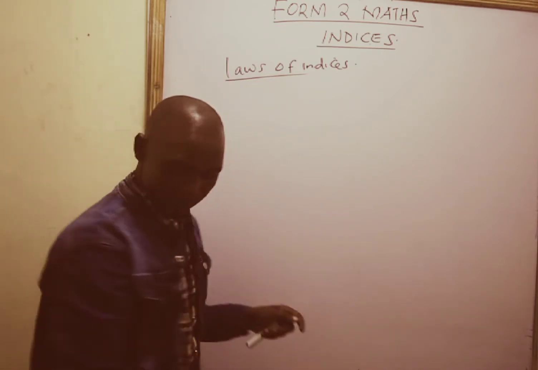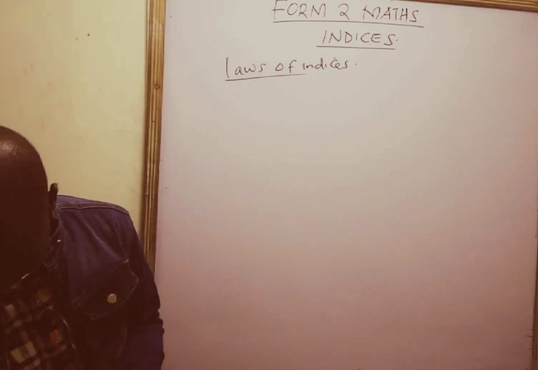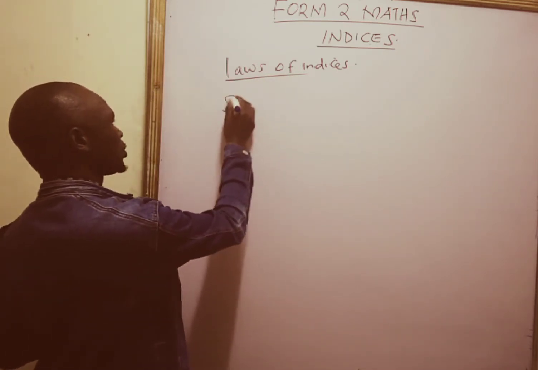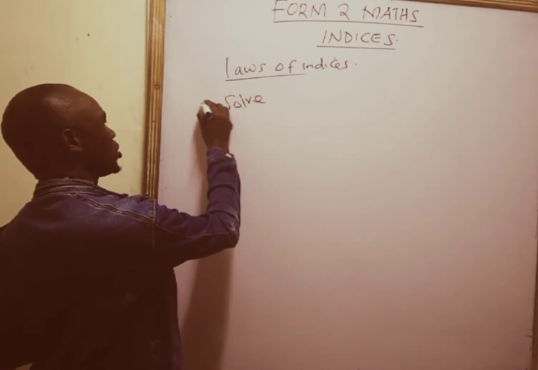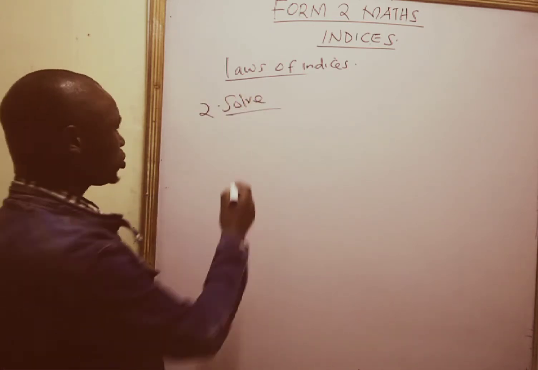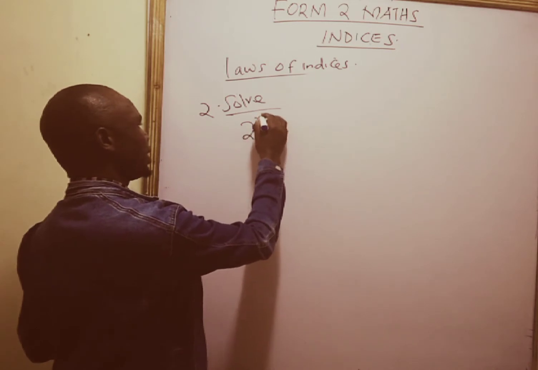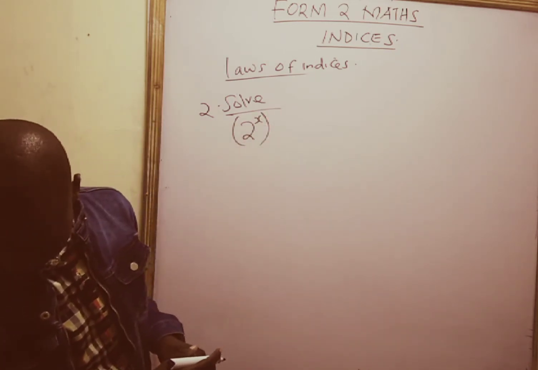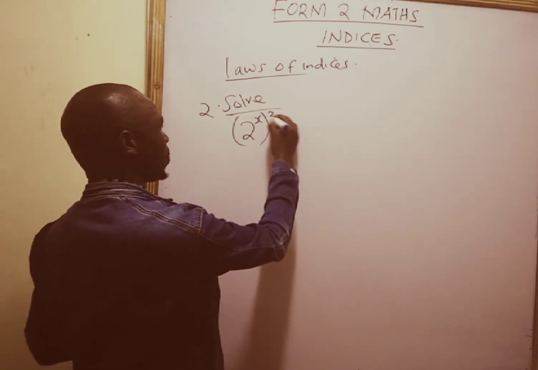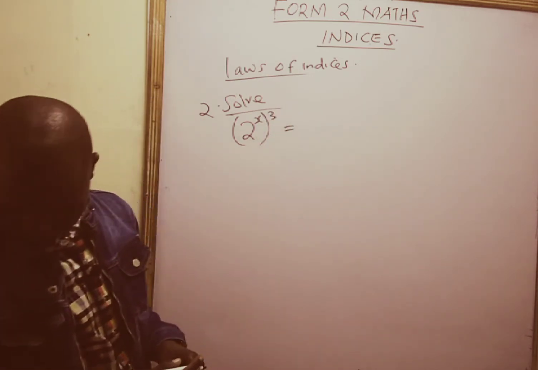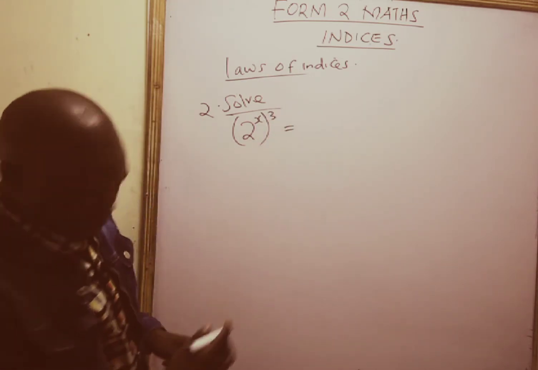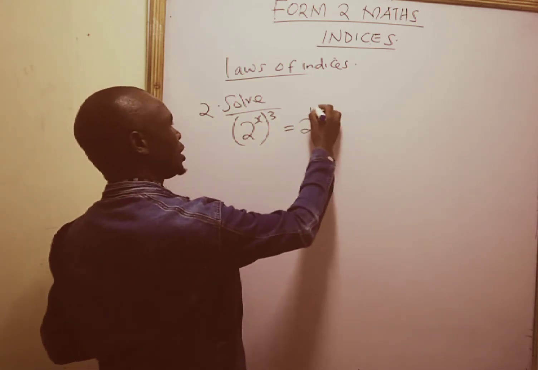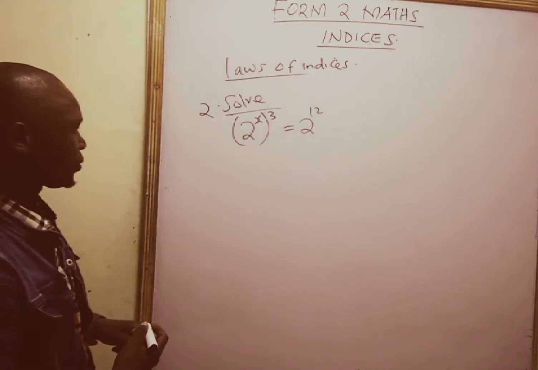Example number 2, we are supposed to solve 2 power x cubed being equal to 2 raised by the power of 12.